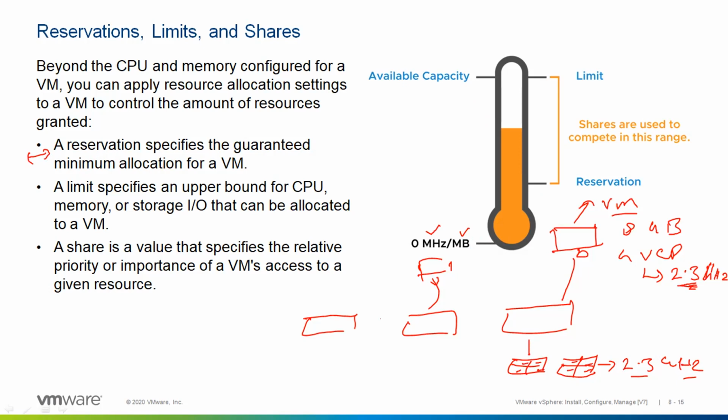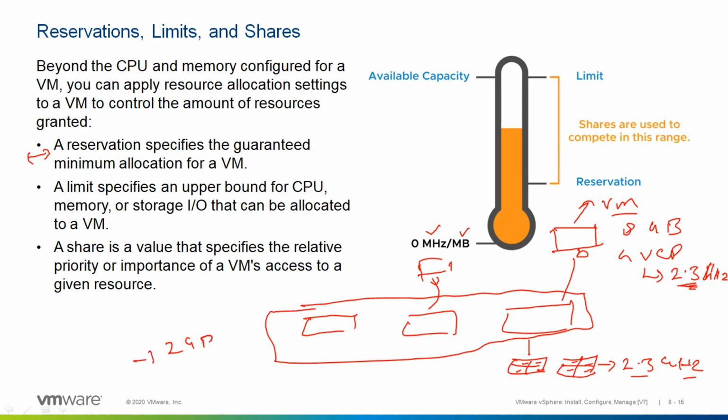Let us suppose that out of this cluster, for this particular virtual machine, I have fixed 2 GB RAM, and likewise the clock speed under 4 vCPU.